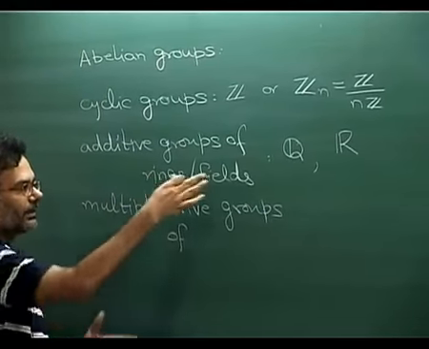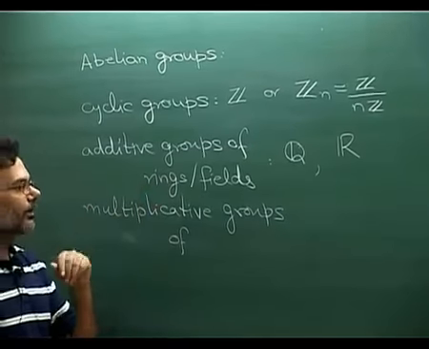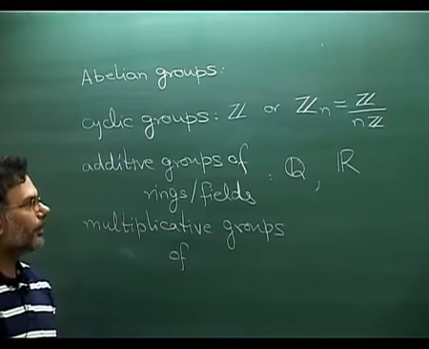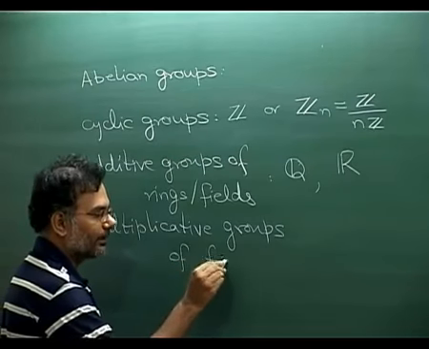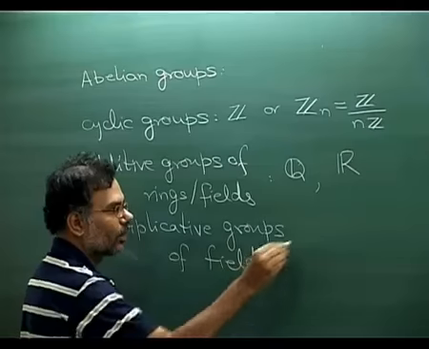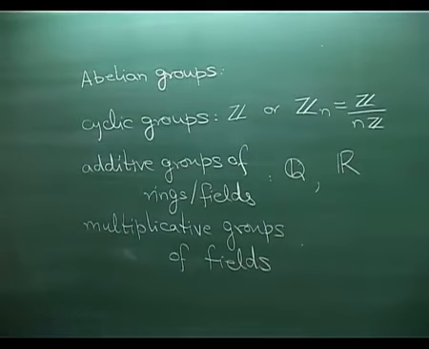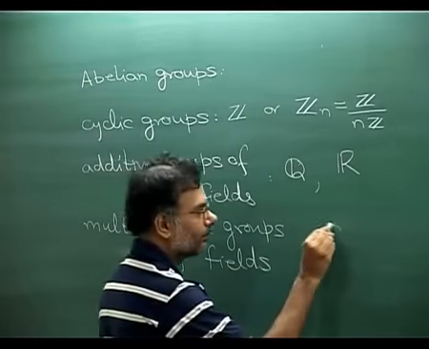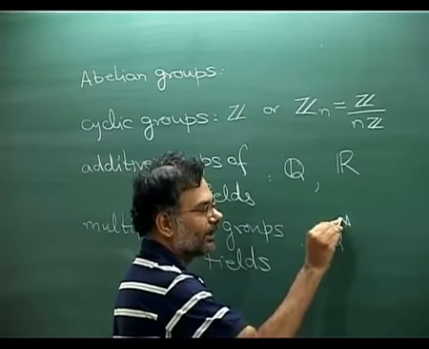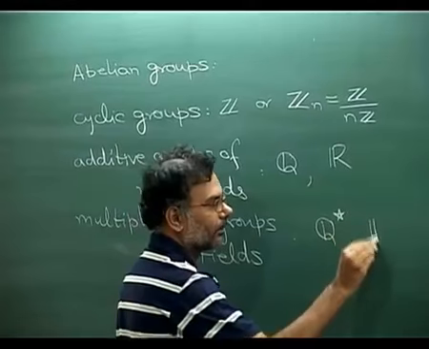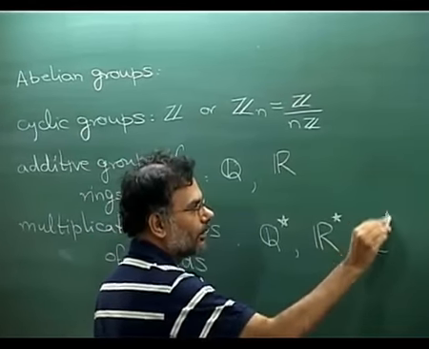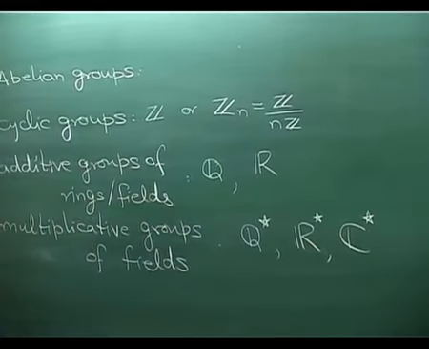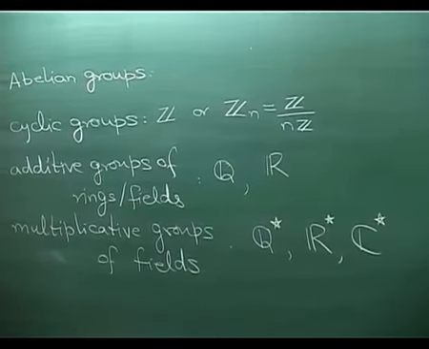I won't say rings here, I'll just say fields, because for rings the multiplicative group may not be commutative. I'm only interested in abelian groups. So: multiplicative groups of fields, or the group of units of commutative rings in general. For example, Q star, the non-zero rational numbers under multiplication, non-zero real numbers under multiplication, or non-zero complex numbers under multiplication. These are also examples of abelian groups.